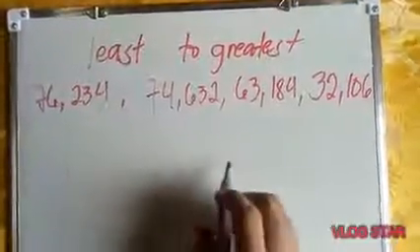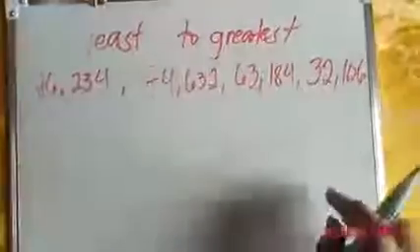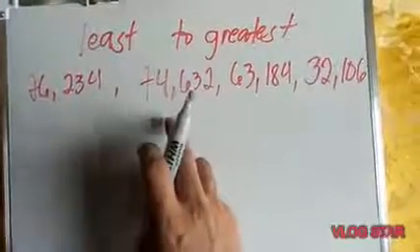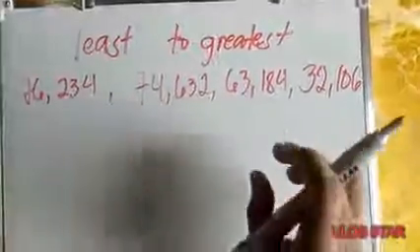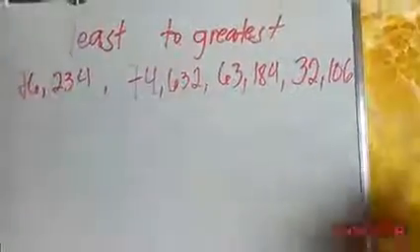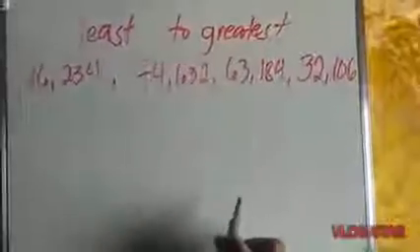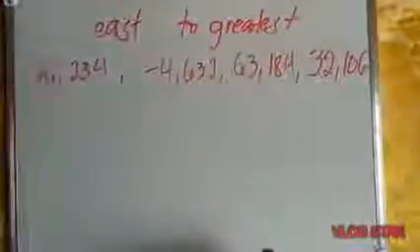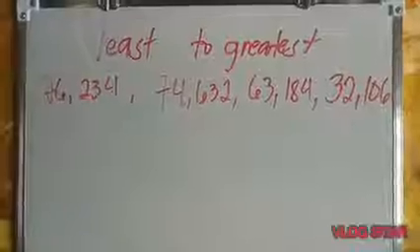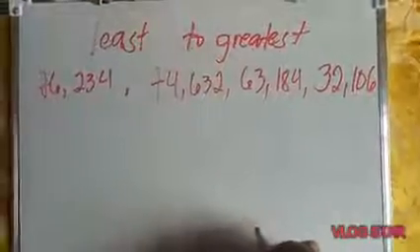Let's arrange this given number from least to greatest. First thing that you will do is to determine if each number has the same number of digits. As you can see, all the numbers have the same number of digits. So we will use the place value to compare each digit.